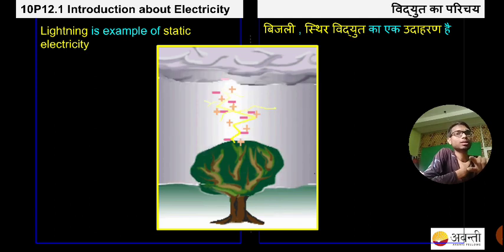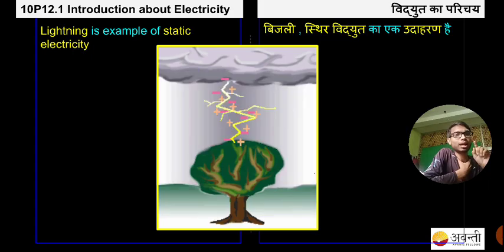This is an example of static electricity. It works, but after working, this will not. Once it will work.